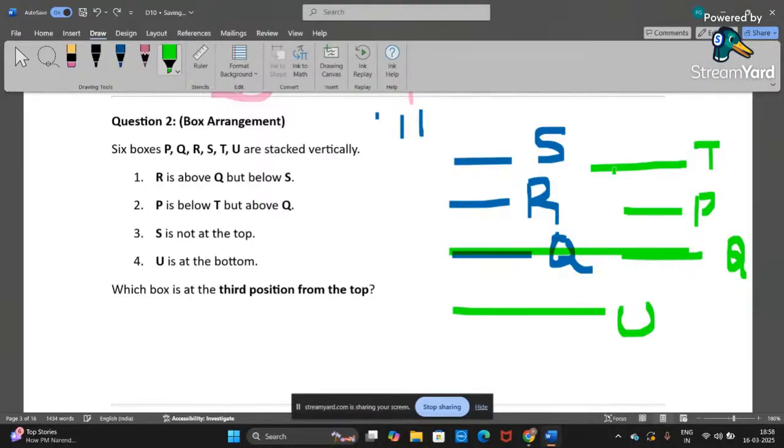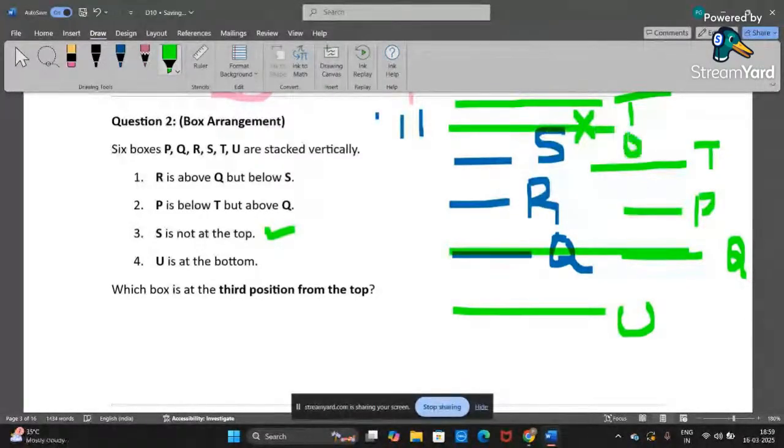We have to see this one. If we are taking this here, then this will be the top. So we should not take this. We have to write it down. T is at the top and P is here. Sorry, not Q, P.